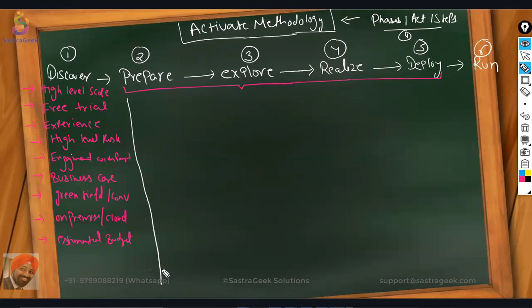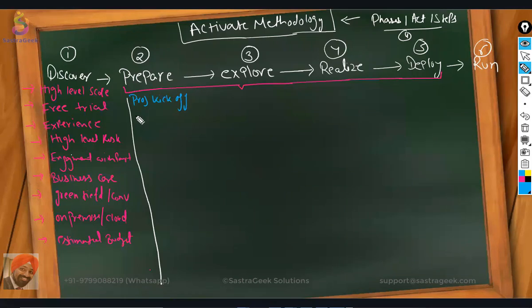Then the second phase is your prepare phase. Prepare phase is the phase where basically your actual project is kicking off. So your project kickoff would be happening in your prepare phase.